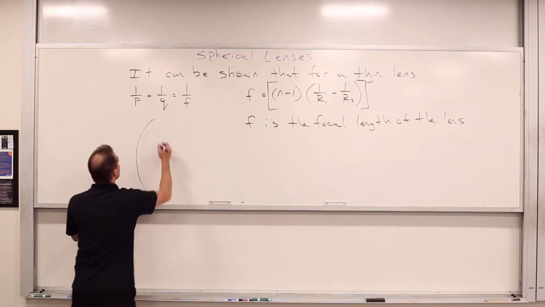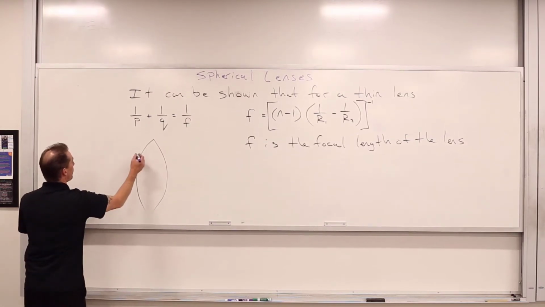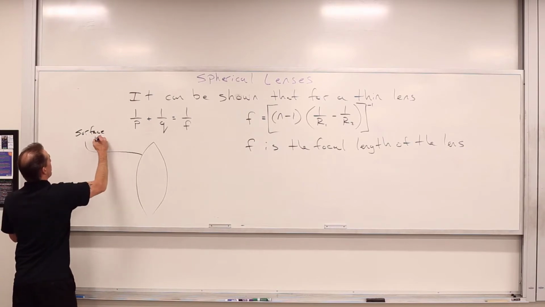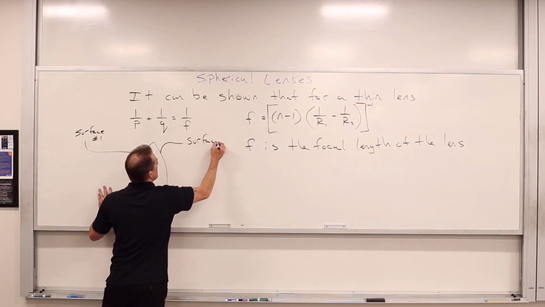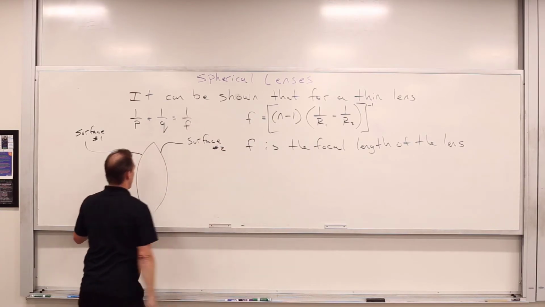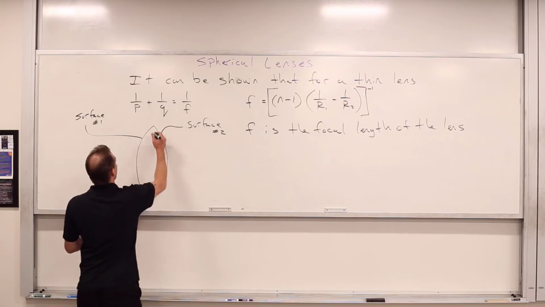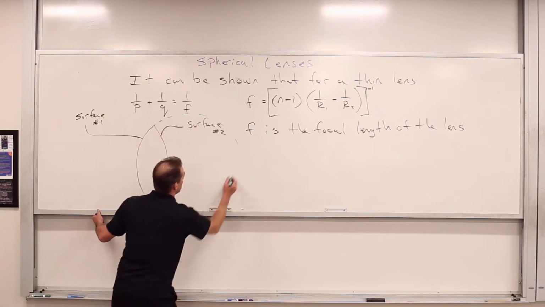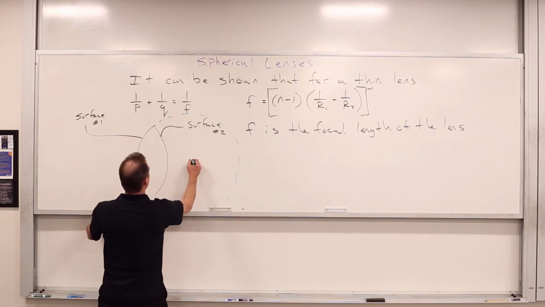So let's just take a look at a certain type of lens here. We can take a lens that has a surface number 1 and a surface number 2, that are kind of connected together. We can have this surface number 1, well, since it's spherical, ultimately make some sort of sphere which has some center.